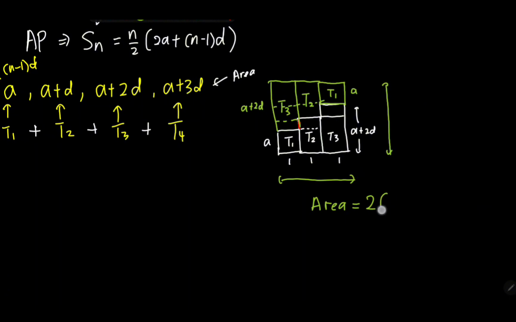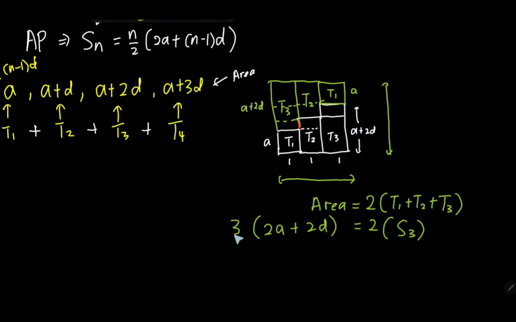I can say double of T1 plus T2 plus T3. What is T1 plus T2 plus T3? This one we call S3, isn't it? Then we have the width and height. The height is a plus a, which is 2a, plus 2d, multiplied with 3.